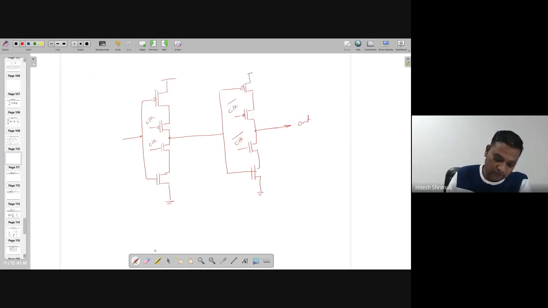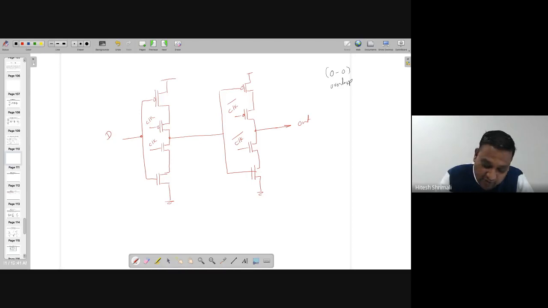When clock equals 0 and clock bar equals 1, it's already known to us. The 0-0 case is also known, but for your information, I am going to work it out here.